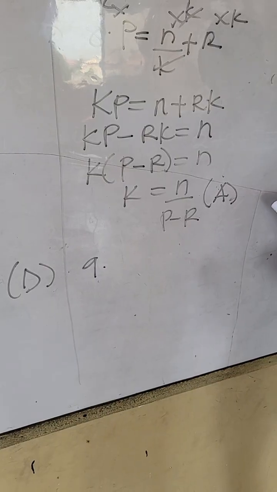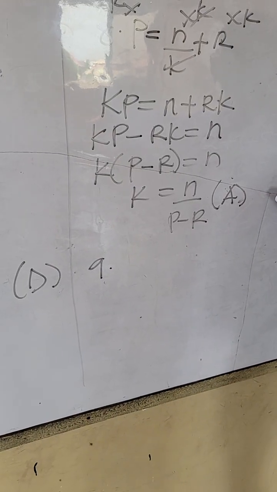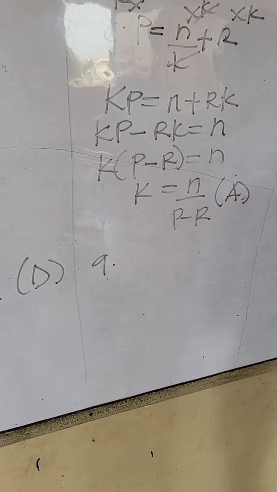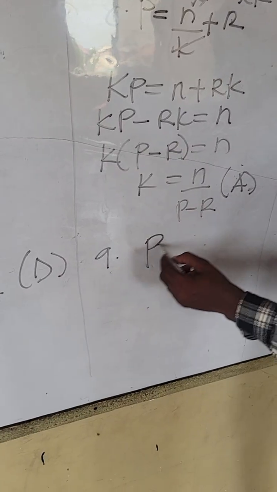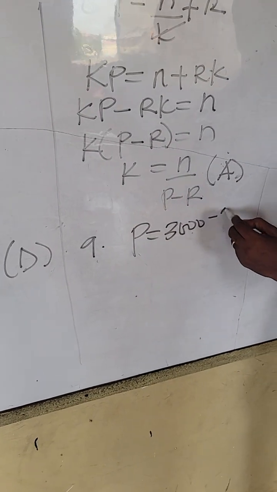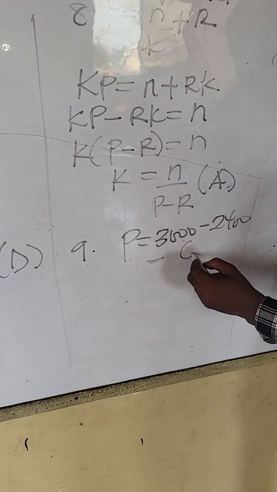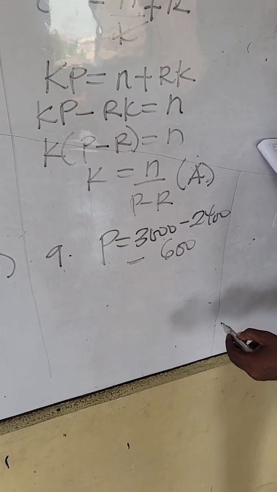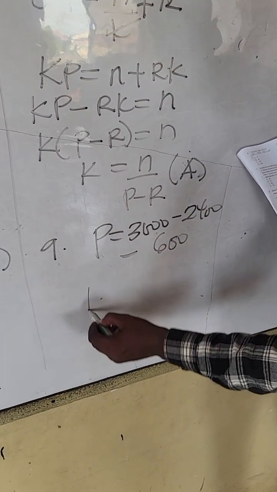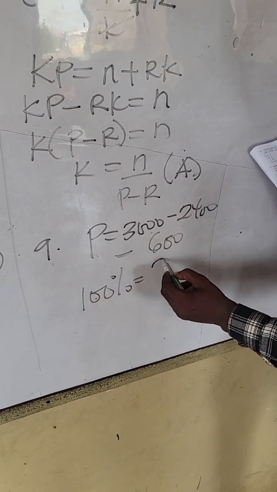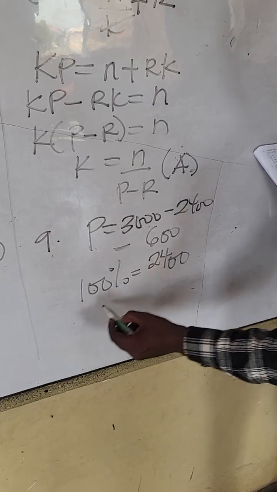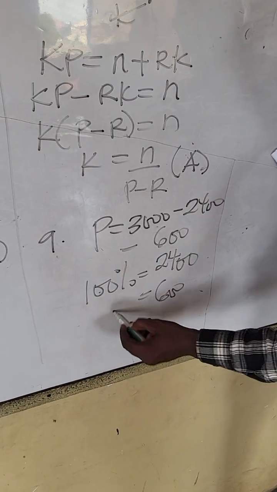A mobile phone which cost 2,400 to manufacture was sold for 3,000 cedis. Find the profit percent. So the profit itself is the selling price minus the cost price, and that is 600 cedis. Don't forget the cost price is always 100%, and that is the 2,400. Then this 600 cedis is what you want to find.